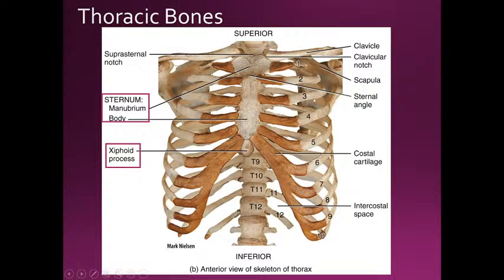Down here, left costal bone 3, right costal bone 3, on down until we get to 10, 11, and 12. So both men and women have 12 pairs of costal bones. They have 12 pairs of ribs. There's a right and a left for each level. Easy to remember, right? Because there are 12 thoracic vertebrae and there are 12 ribs for both men and women.